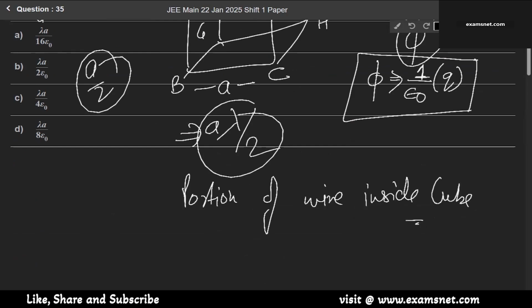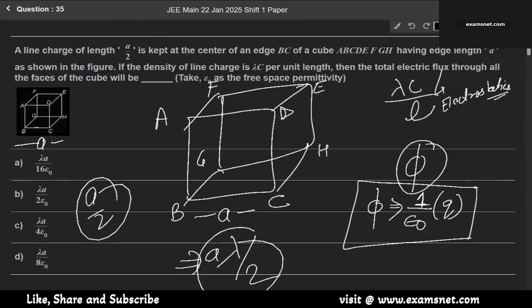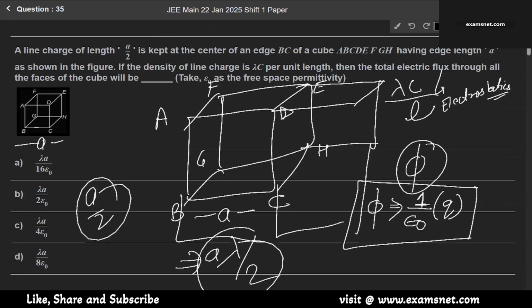Since it is a cube, let us draw similar cubes attached to the first cube. There will be four cubes attached to this cube: 1, 1, 2, 3, 4.